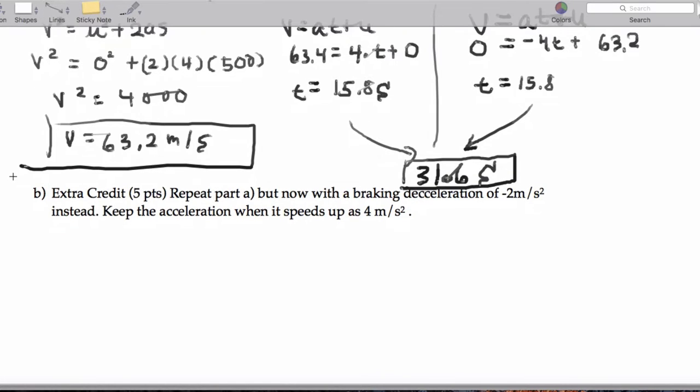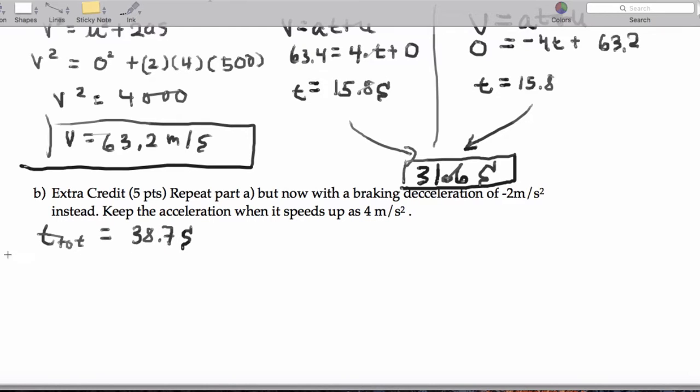Now for the extra credit part, I'm going to have you take a look at that one on your own, but I will say this. When I solved it, just so you know, I got a total time of 38.7 seconds.